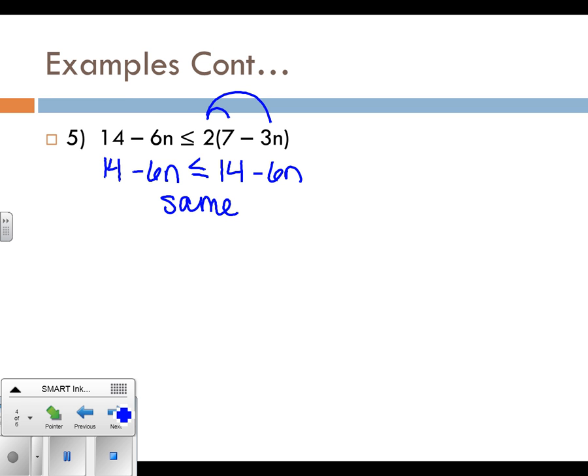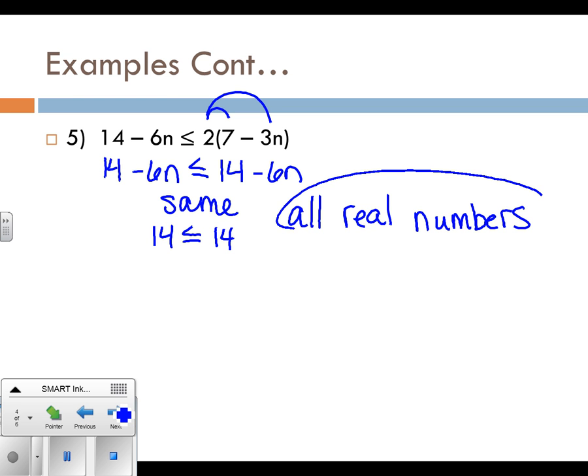Because if you were to combine your n terms together, you'd be left with 14 is less than or equal to 14. It would always work. So we have all real numbers for our solution here. No matter what we would put in for n, it would always be the same.